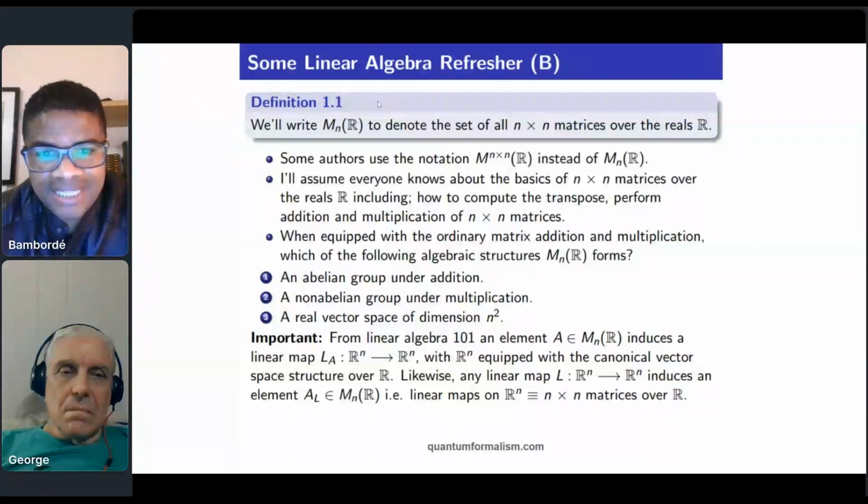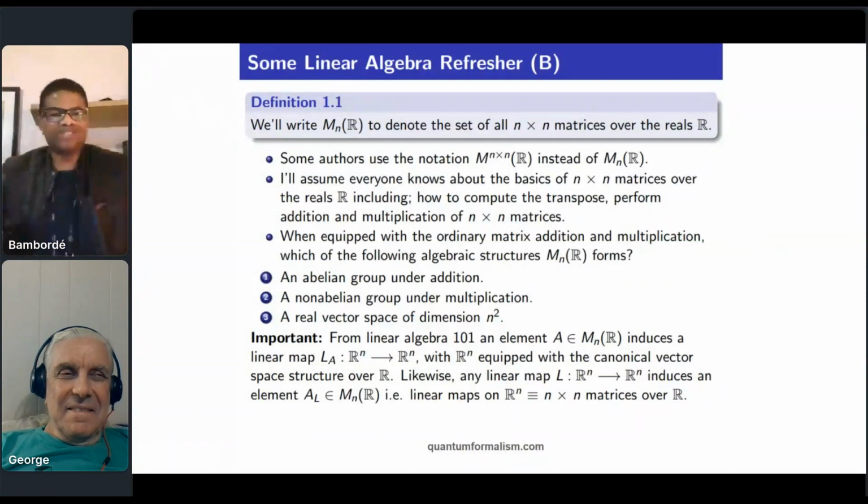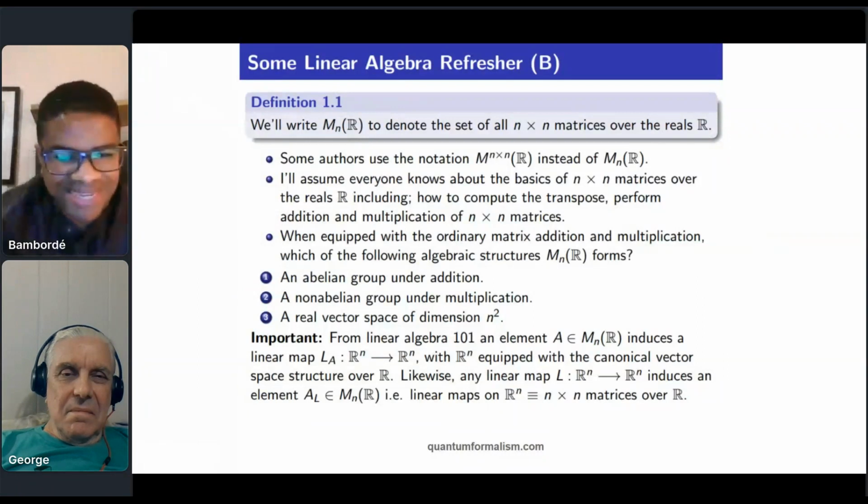This is not standard, it's a preference. Some people use other notations, some even use Rn times Rn, which I've seen as more of an old school notation. In our context, this is the notation we fix.